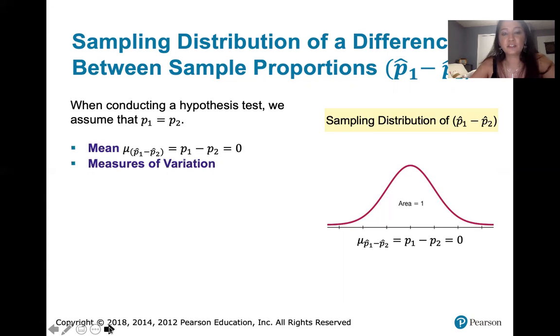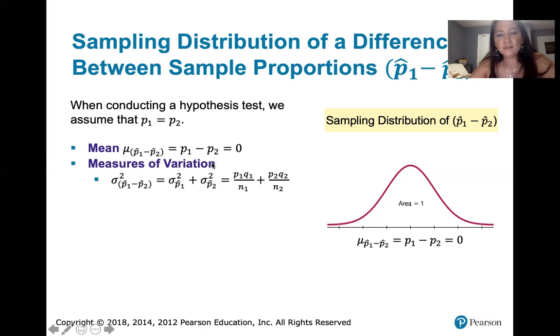And as far as our standard deviation is concerned, remember the variance of the difference between these two independent random variables is equal to the sum of the variances for each of those random variables. And we got this value over here.